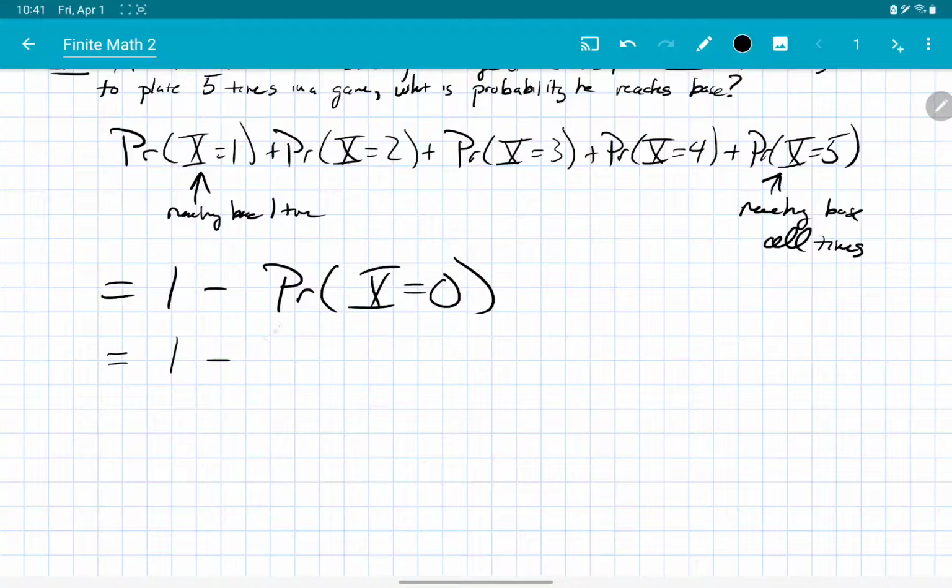So this is 1 minus 5 choose 0, times 0.451 to the 0 power, times 0.549 to the 5th power.